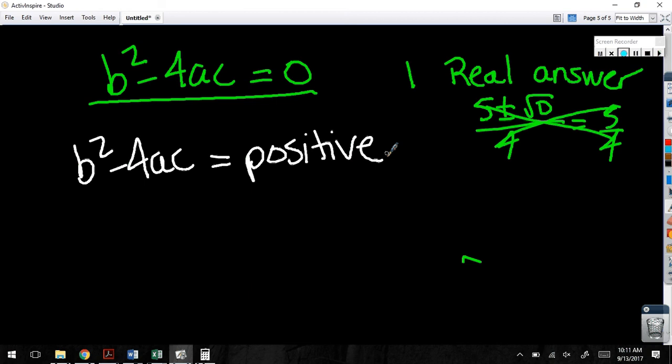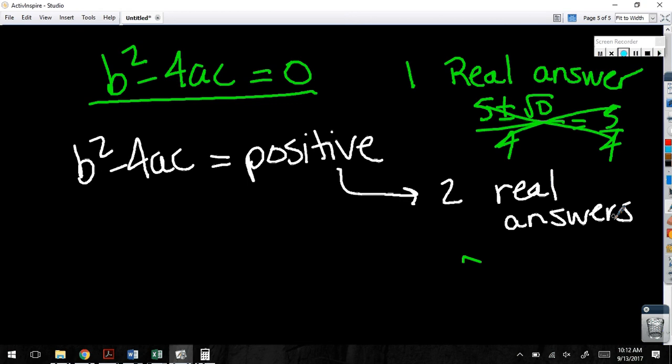Think about it. If there's a positive number under that radical, you get 2 answers, right? That's where we split it up, one plus and one minus, like on your sheet last night. So here I would get 2 real answers.